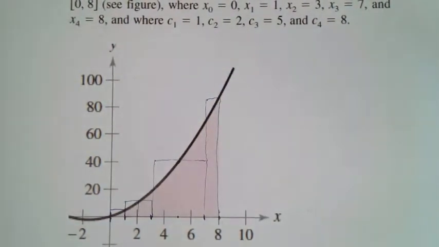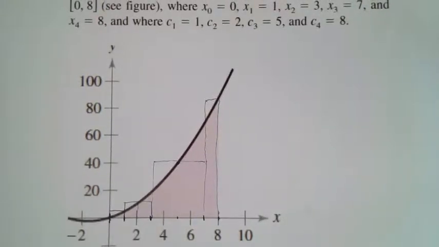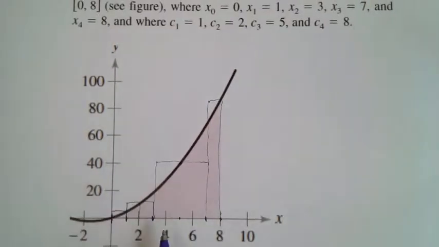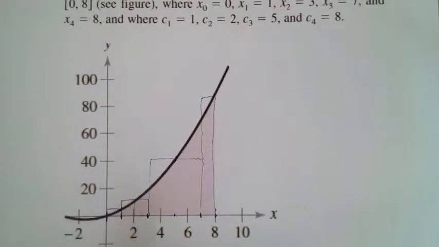So most of the time, what we do in calculus is choose LRAM, MRAM, or RRAM, but you in fact can use any of these, any combination. You could even choose here the value at 4 to decide how high the rectangle is.